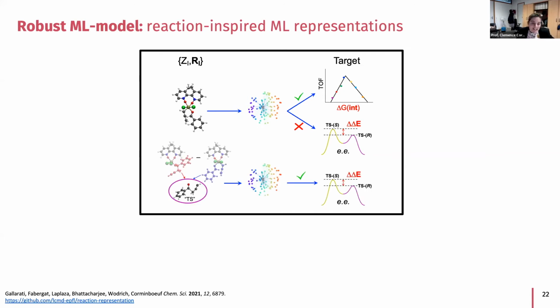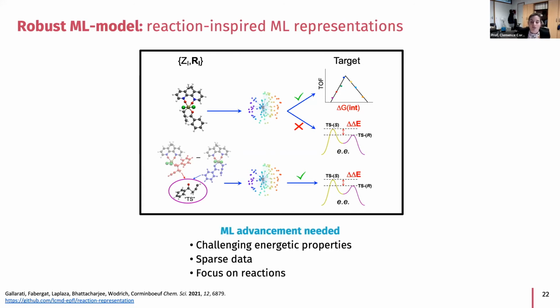So in this case, it will actually work better to inject not only one molecule, but for instance, the intermediate before the transition state minus the approximate geometry of the intermediate after the transition state. And this is very relevant, for instance, if you want to use this kind of ML model to predict enantioselectivity, because those are very subtle properties.